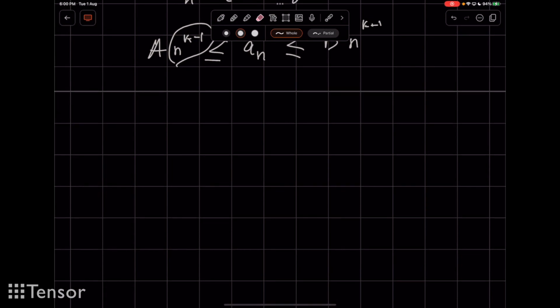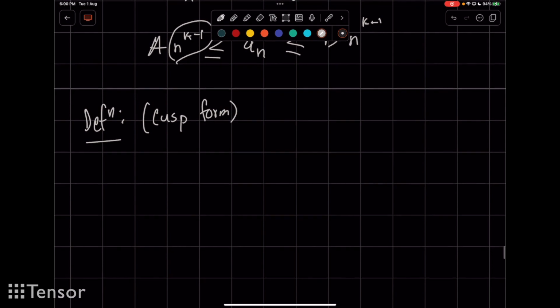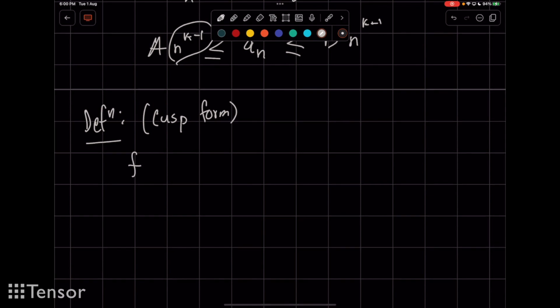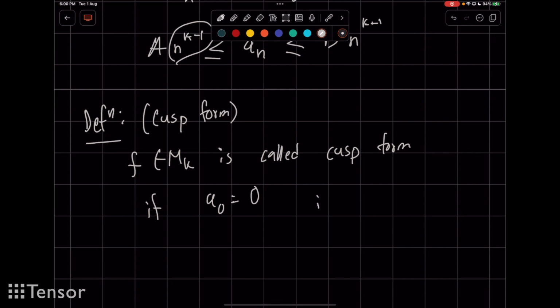Okay. So, definition of a cusp form. A modular form f of weight k is called a cusp form if a_0 is 0 in its q expansion.